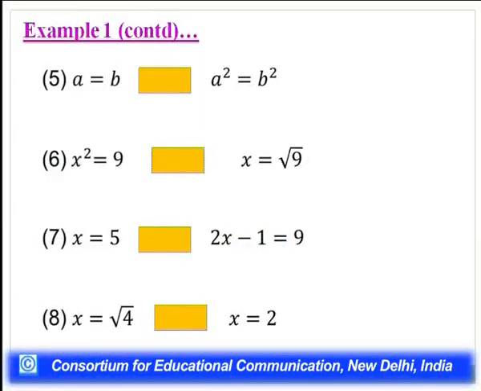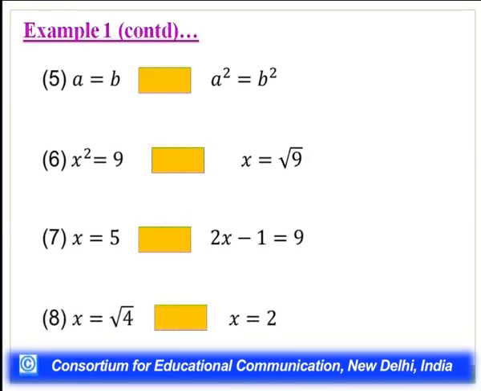Right. The left side proposition is now A equal to B for two real numbers A and B, and the right side proposition is A square equal to B square. Let's see what this means.